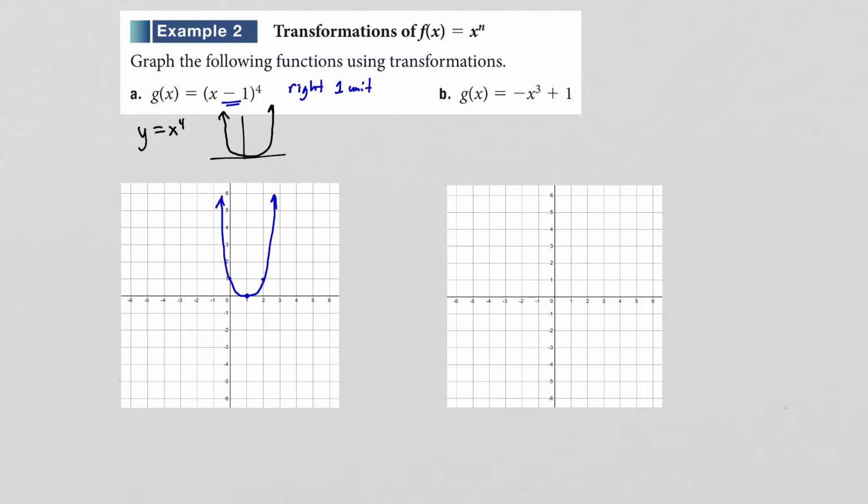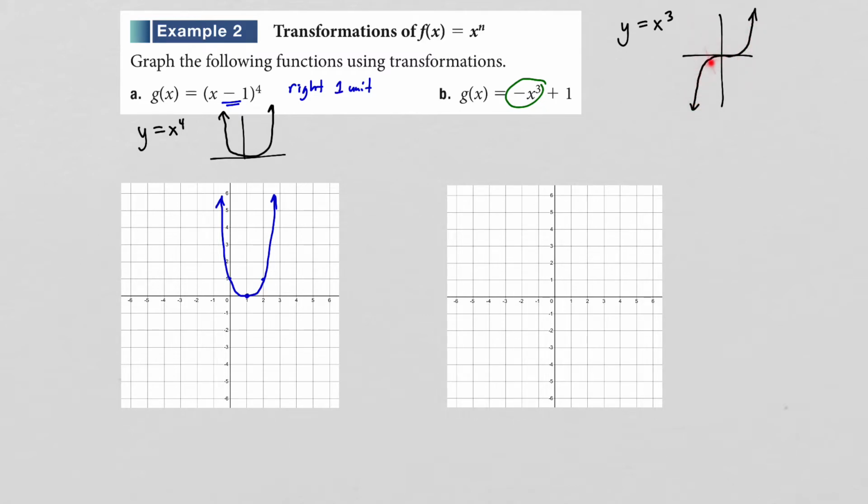And for the second one, the transformation g of x equals negative x cubed plus 1, we first need to have an understanding of what x to the 3rd power looks like. And from our previous page, you should remember that x to the 3rd looks something like this. So when we graph negative x to the 3rd, the negative is just going to take this graph here and turn it upside down.